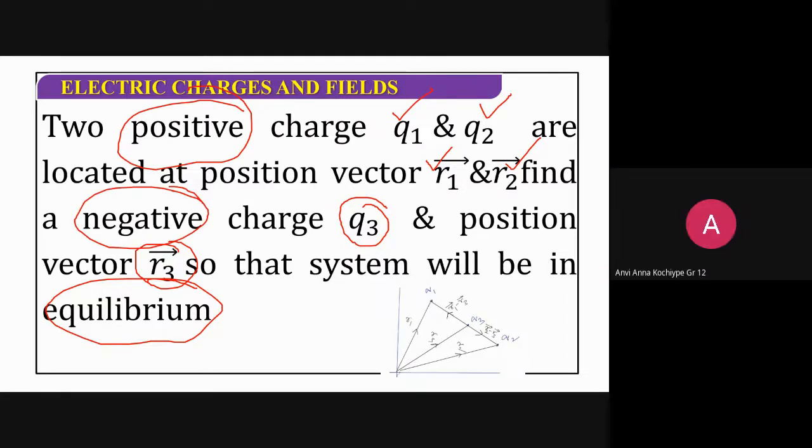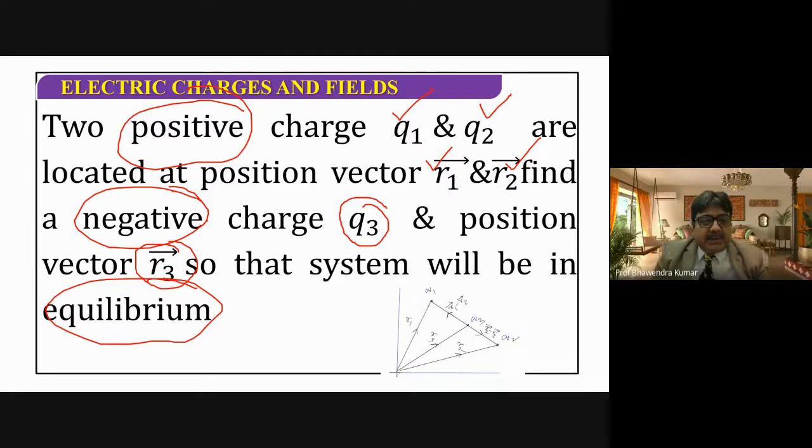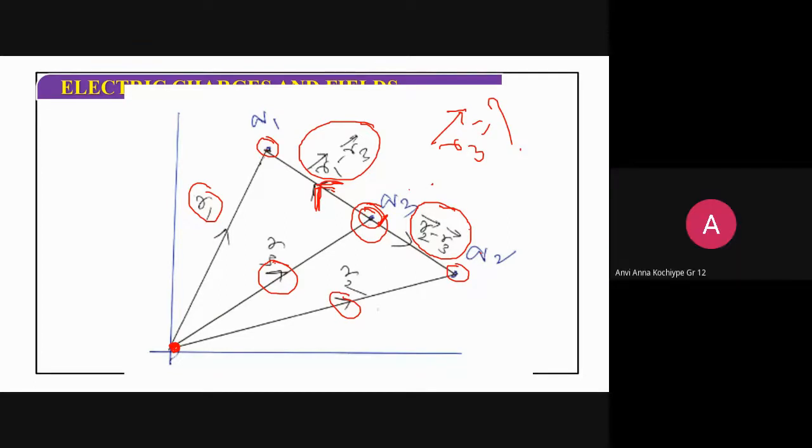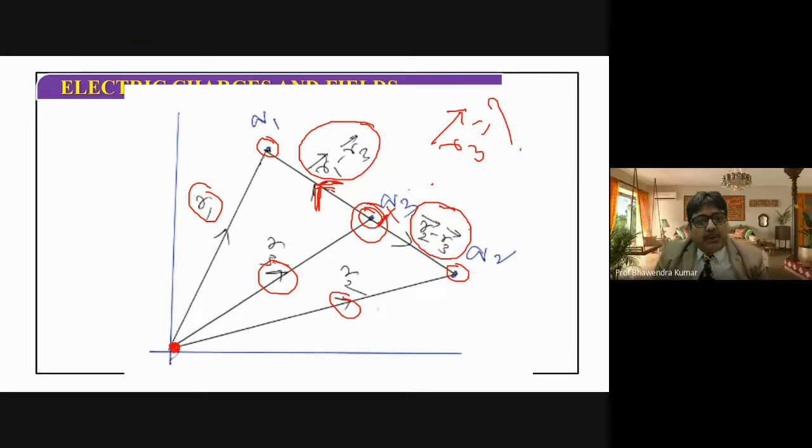Oh, okay, I missed out on that detail. So initially, when I talk about the equilibrium of Q3, whether Q3 is positive or negative, it will be in equilibrium. But because I had considered Q3 as negative, the force due to Q1 was attractive. Do you remember it? Yeah. If I had considered Q1 to be positive, then the whole system will not be in equilibrium. Do you understand it? Yes, sir.